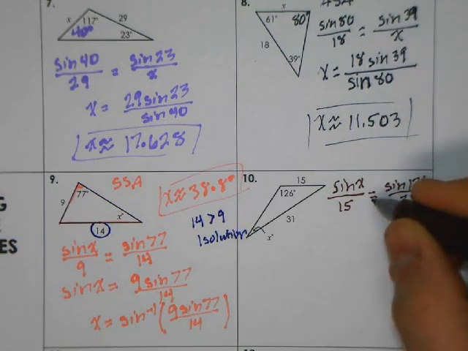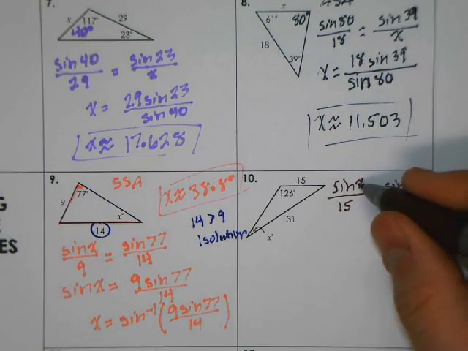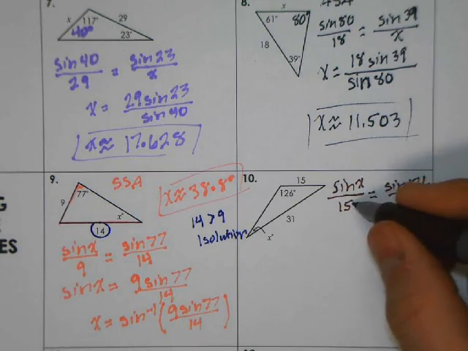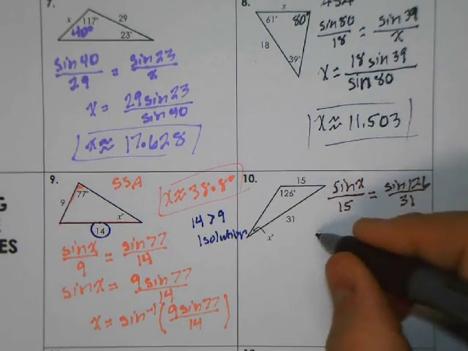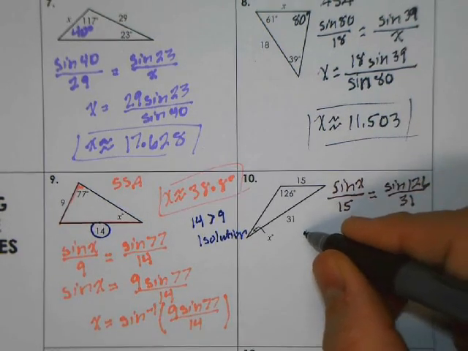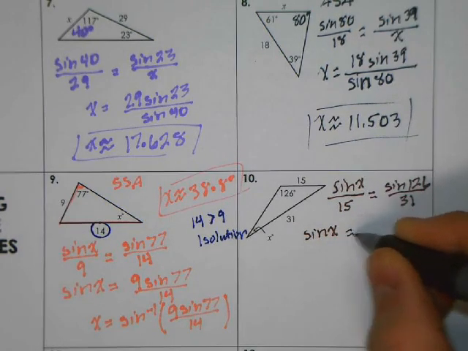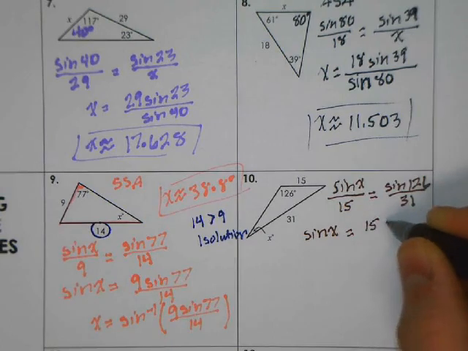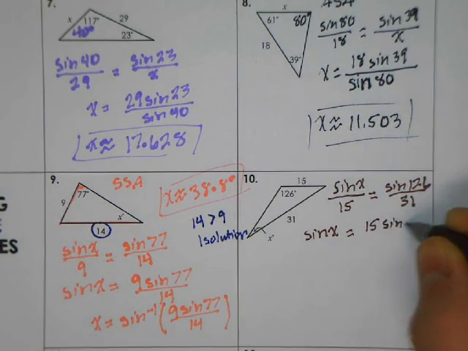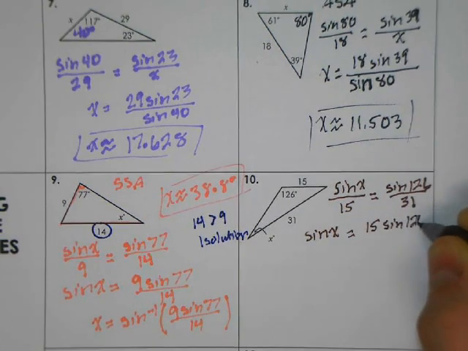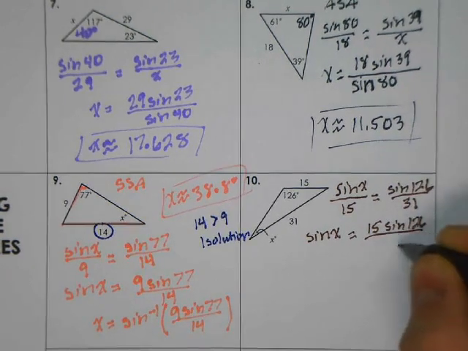And then we'll cross multiply. Now here, because x is already on the left side, I'm basically going to just take that 15 and multiply it to the other side. So that'll give me sine of x equal to 15 times the sine of 126 divided by 31.